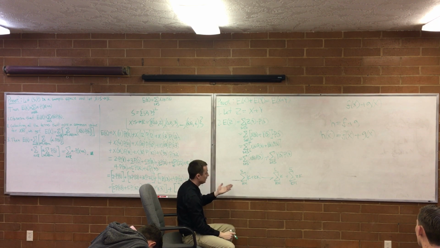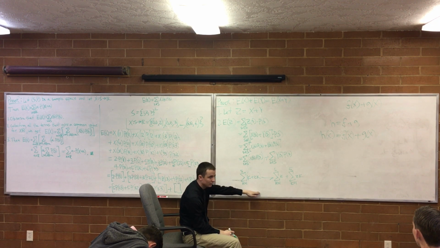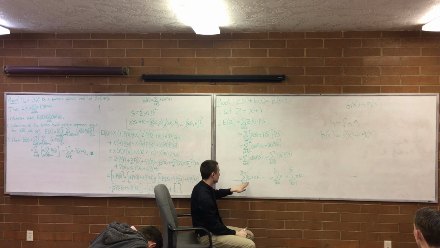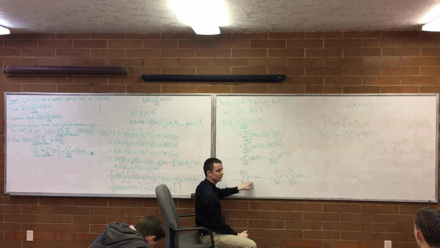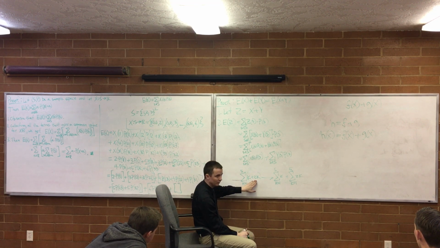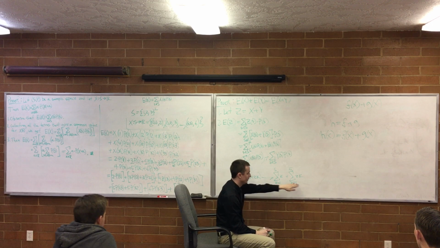Because in the end, this is just a big sum, right? So I'm going to do all these terms first and then all these terms. Instead of doing this and this for 1, and this and this for 2, and then this and this for 3, I'm going to do this for 1 through 5 and then this for 1 through 5.